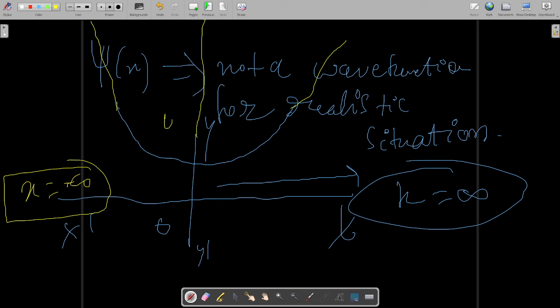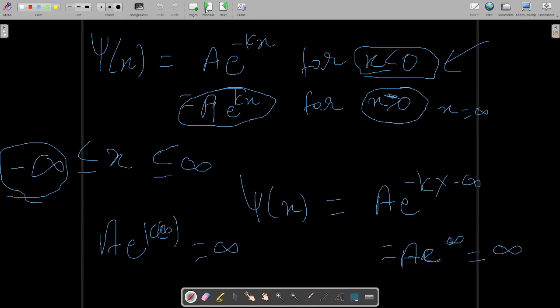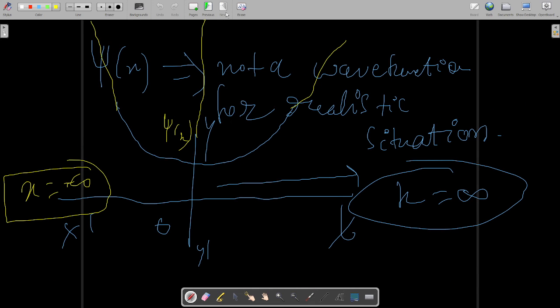And at x equal to 0, psi of x will come out to be equal to a. So your value clearly is this much, it is a.